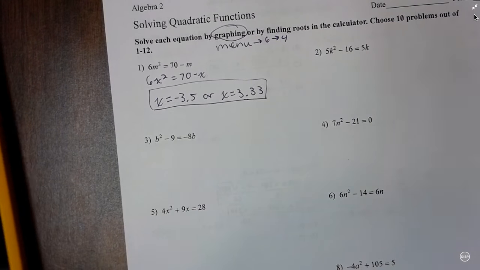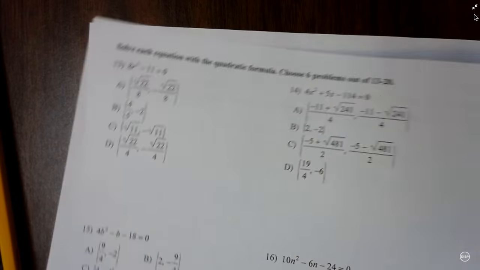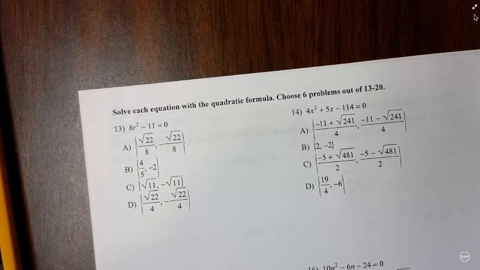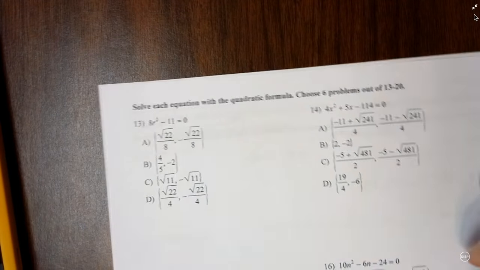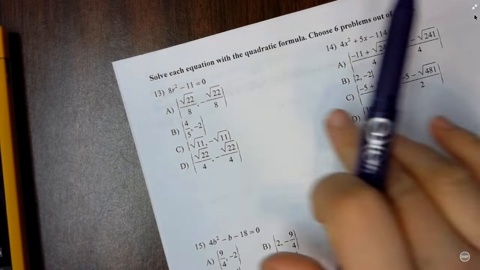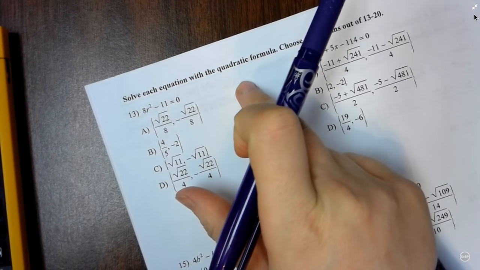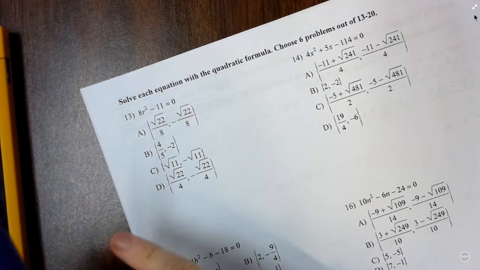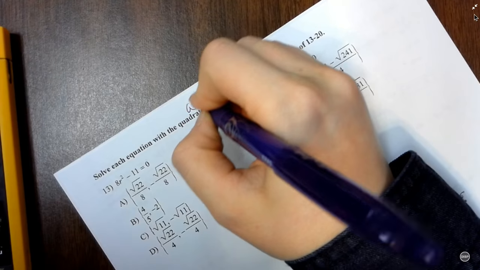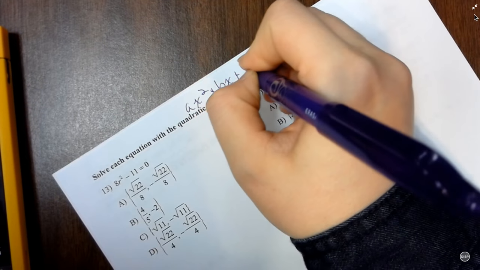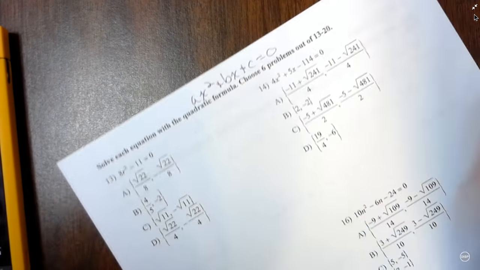All right, so let's go to the back. Now I want to do one of the multiple choice ones with you. And in fact, I'm going to pick 13. And there's a reason for that. So for the back, you're going to be using the quadratic formula on all of them. So that means you need to identify your a, b, and c. So remember you have ax squared plus bx plus c equals 0.